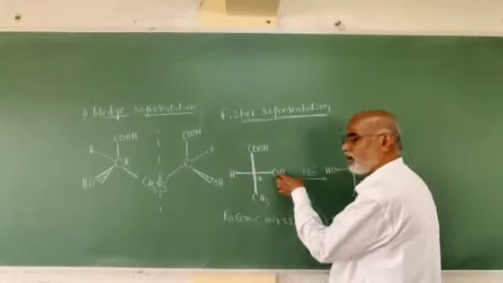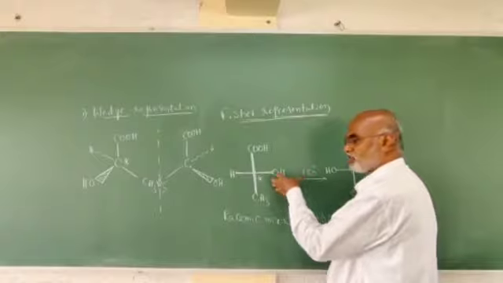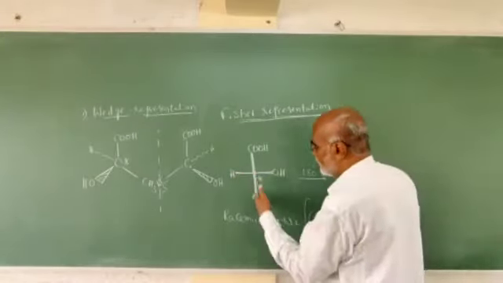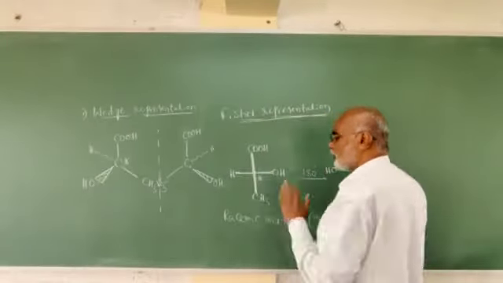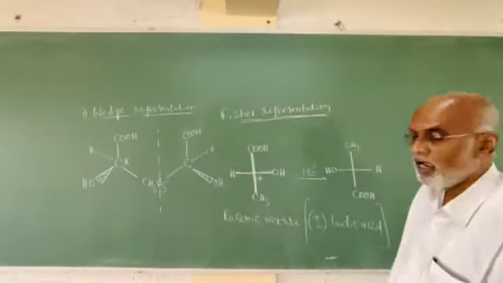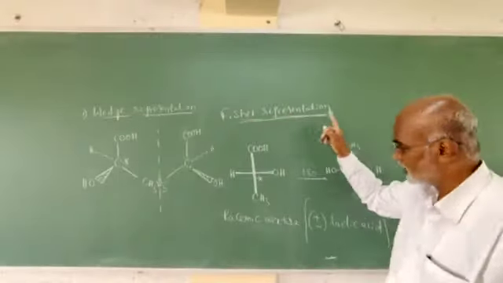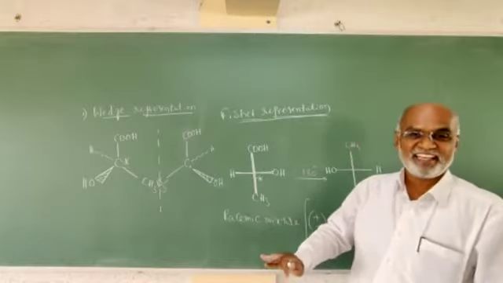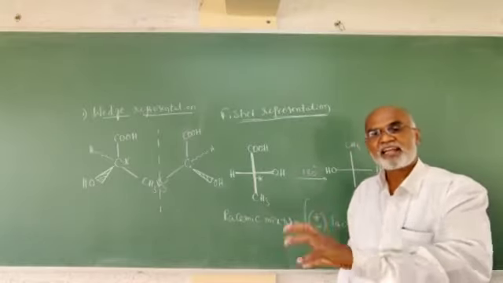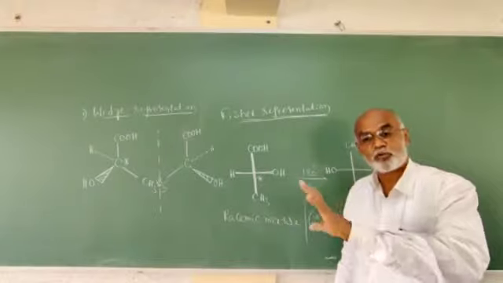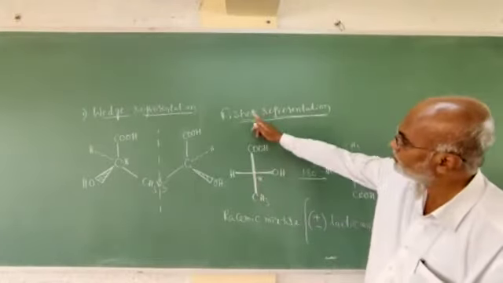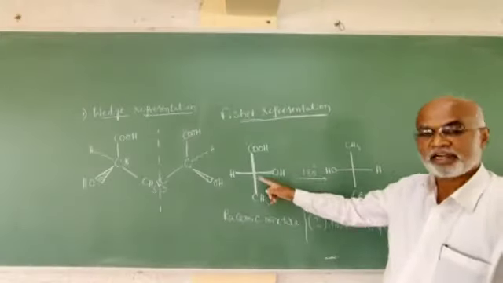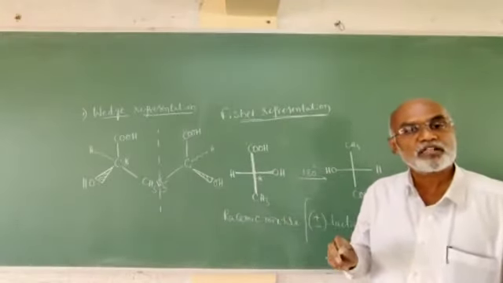I mean to say, this horizontal bond which has hydrogen and OH group, they are towards the observer, whereas the vertical line which has CH3 and COOH, they are away from the observer. And in Fischer representation, when you rotate the molecule through 180 degrees, remember we will get exactly the opposite orientation of the molecule.